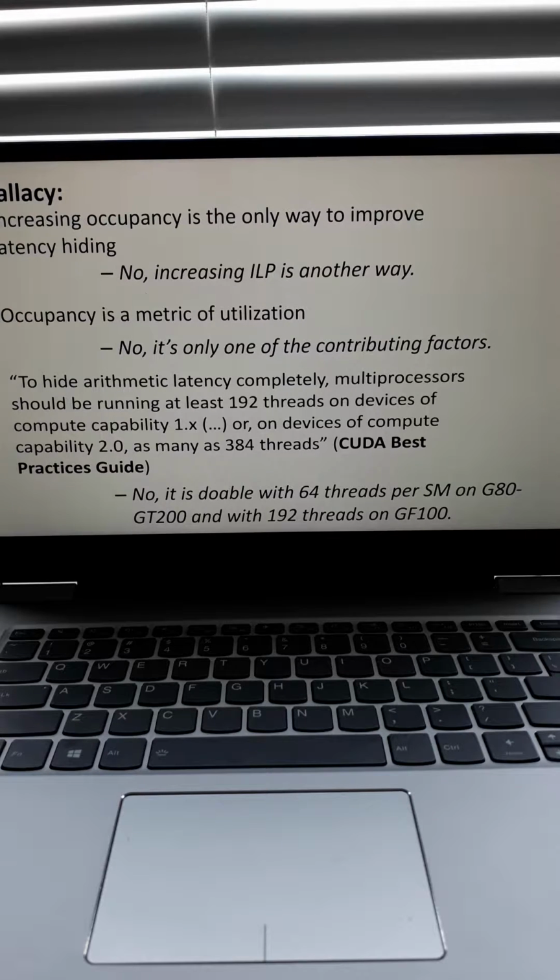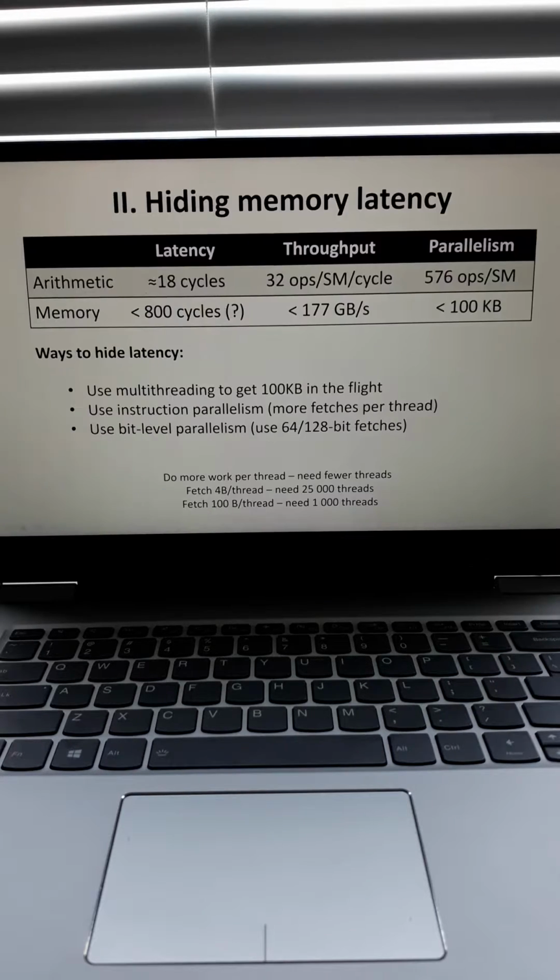And also, to hide arithmetic latency completely, you need at least 192 threads running on the device of same computing capability, or 384 threads on a device of double computing capability. However, with the coming of G80, GT200, we have seen that similar could be achieved with only 64 threads, and on GF100, the similar could be achieved with 192 threads.